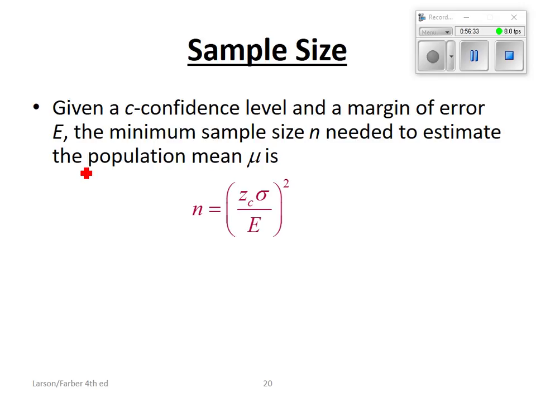All right, so given a confidence level c and a margin of error, so if they're telling you the confidence level that you want and your margin of error, we can find the minimum sample size needed to estimate the population mean.